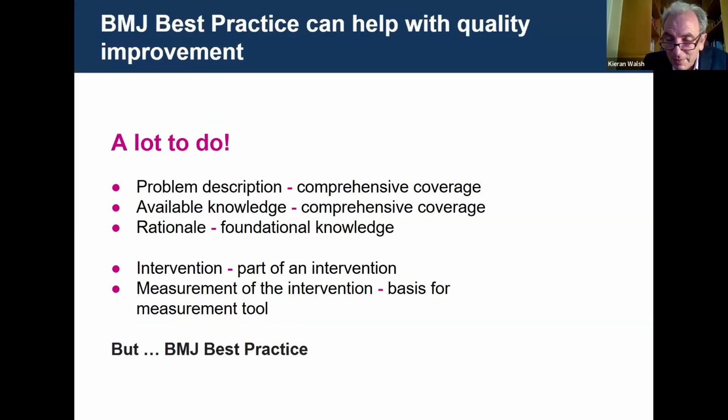You need to describe the problem, look for relevant available knowledge, develop a rationale, intervene, and measure. So a lot of work in quality improvement, but the good news is that BMJ Best Practice can help with lots of these different things.